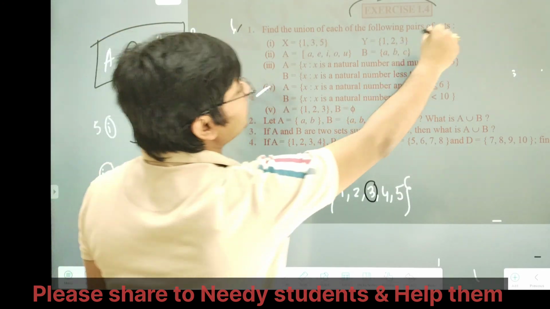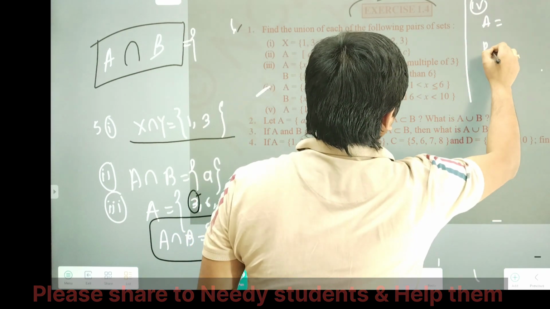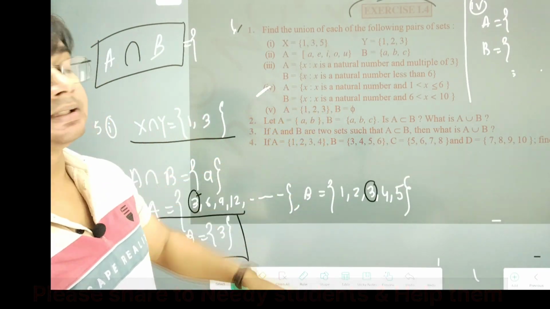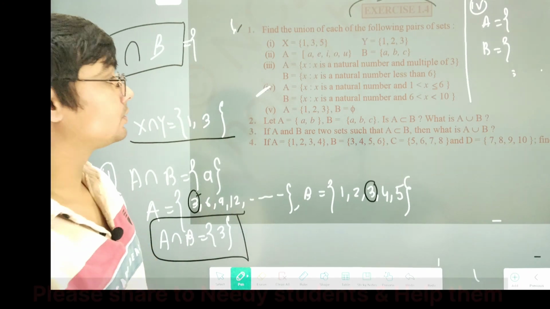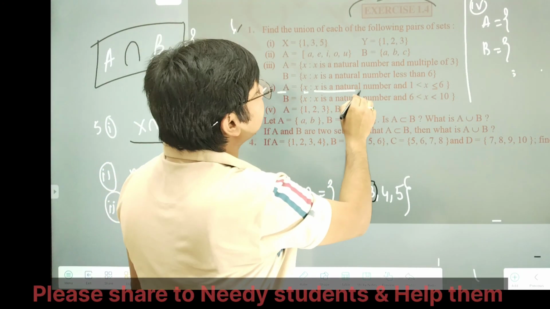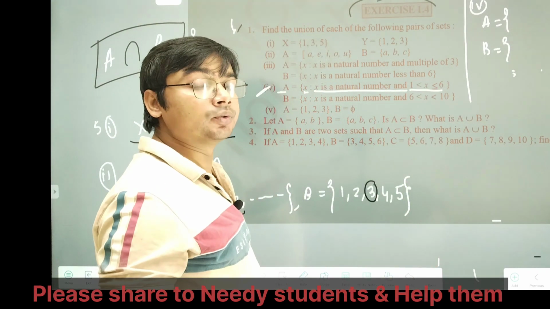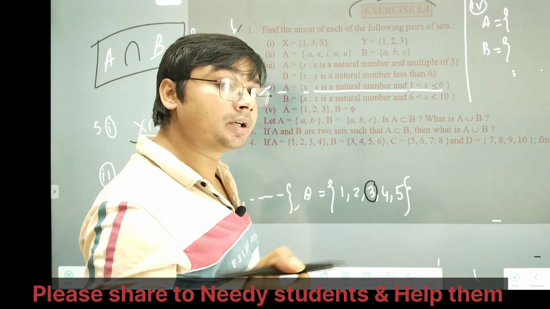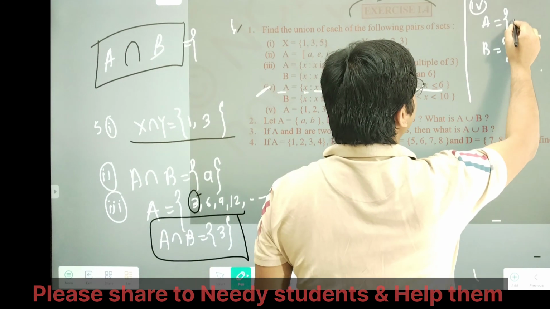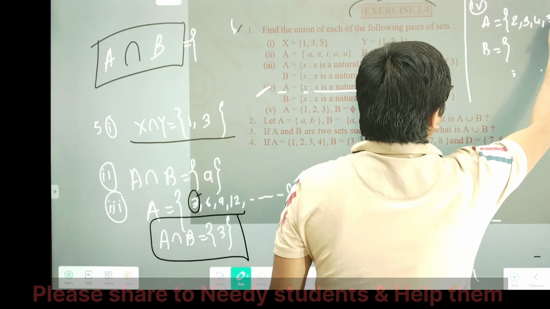Question number 4. In question number 4 they also provide A and B in set builder form, so first write them in roster form. A contains X where X is a natural number greater than 1 but less than or equal to 6. Then the elements are 2, 3, 4, 5 and 6.